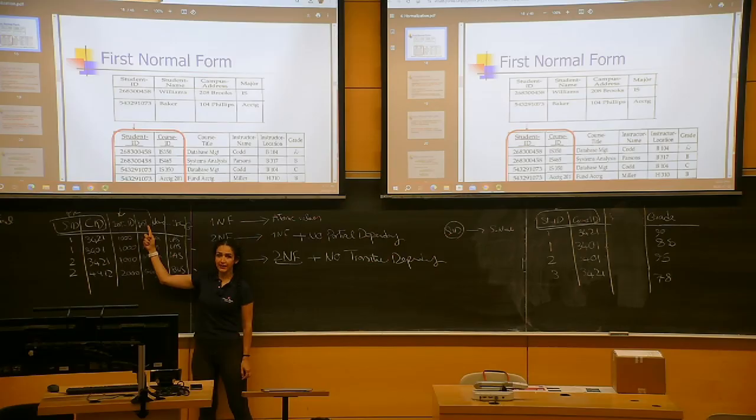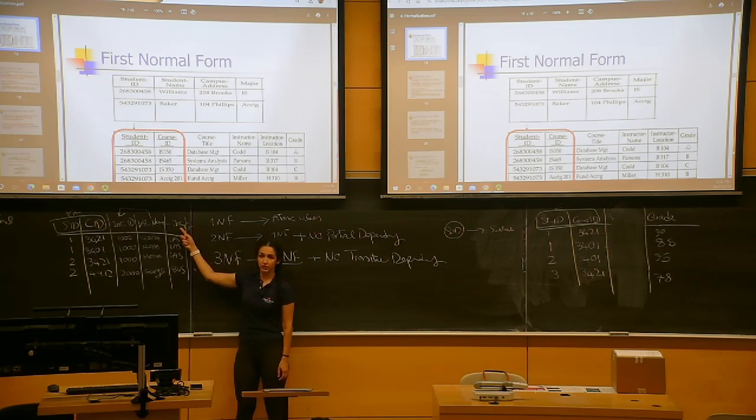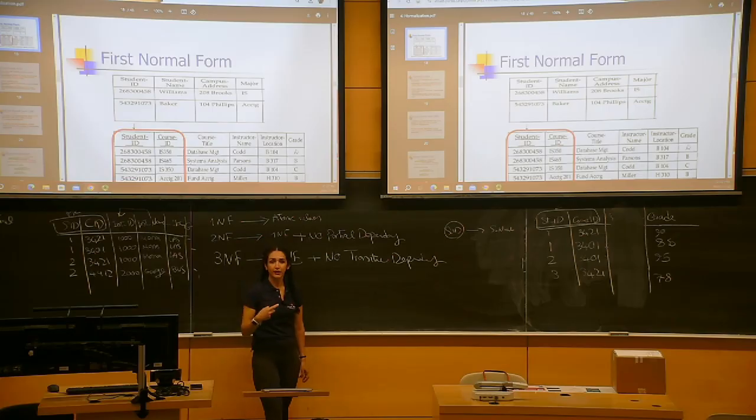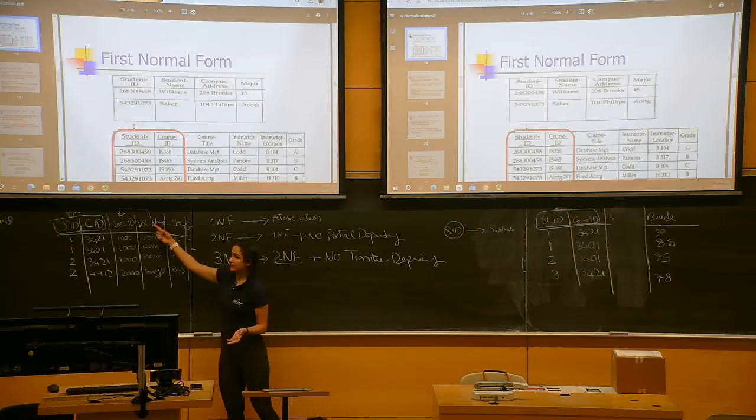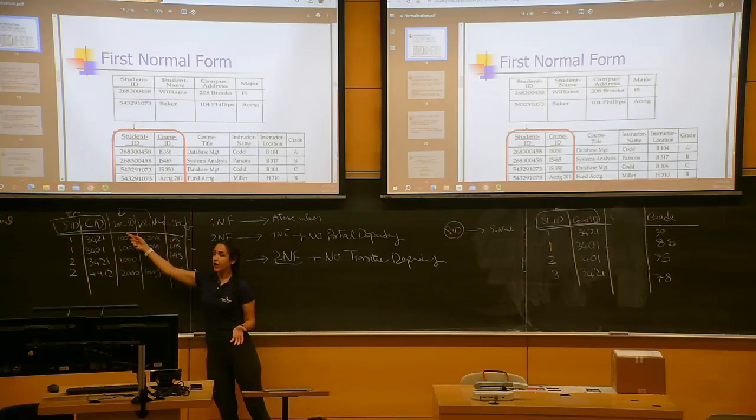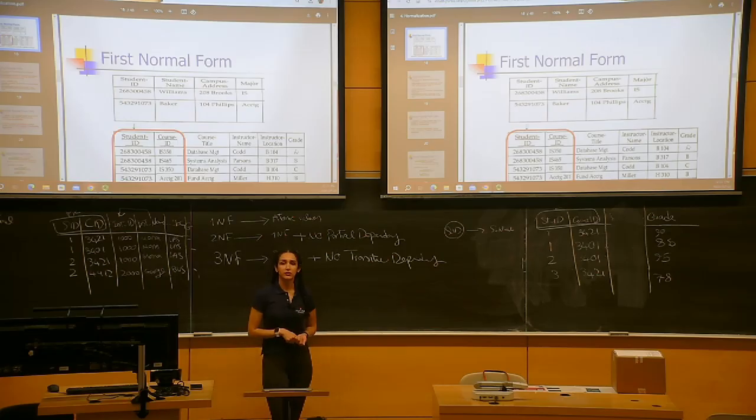Instructor name depends on instructor ID, which is not a primary key in this table. The same is true for location. Instructor location depends on instructor name and ID because each instructor has a specific office, a specific location, so instructor name or instructor ID can uniquely identify instructor location.